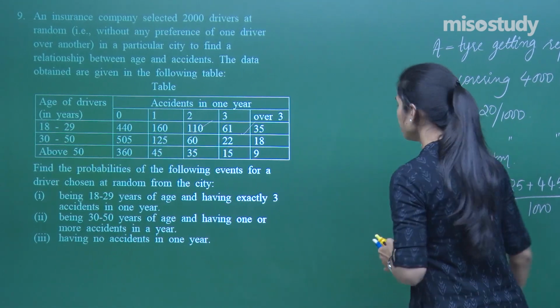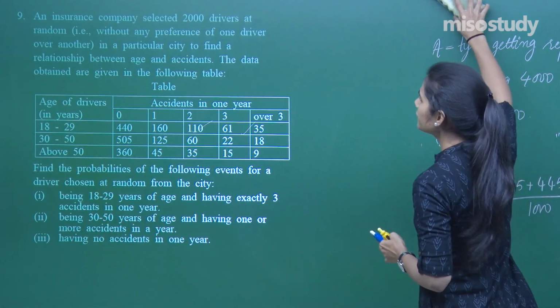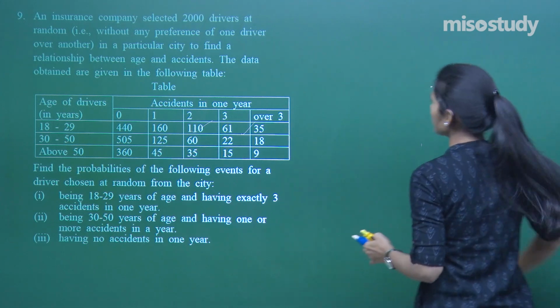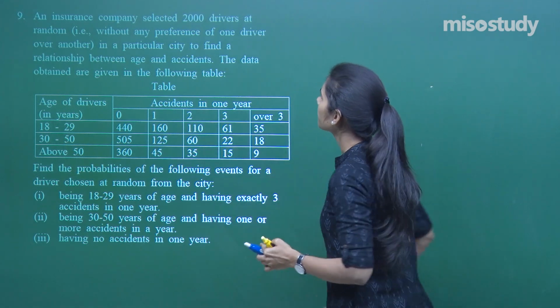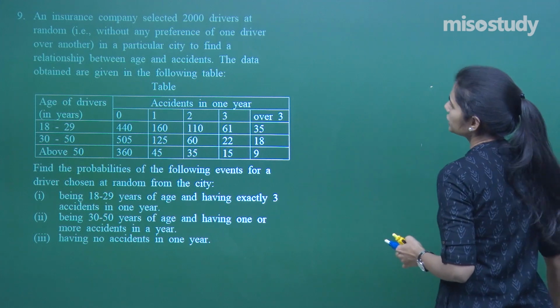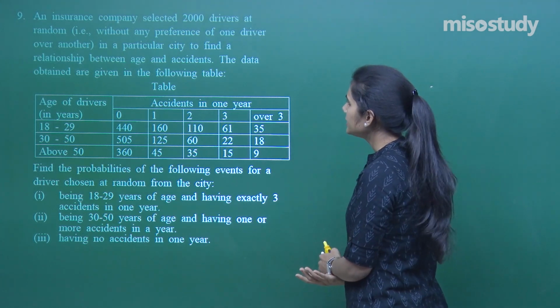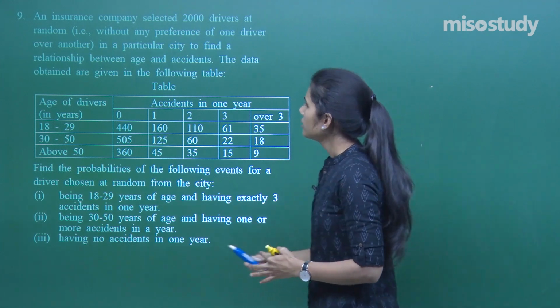An insurance company selected 2000 drivers at random. So at random 2000 drivers have been selected in a particular city to find a relationship between age and accidents. The data obtained is here.